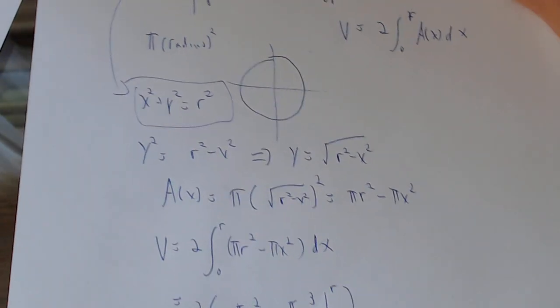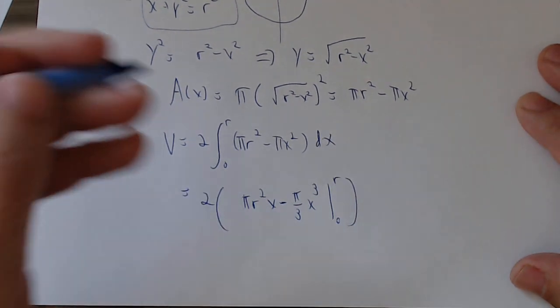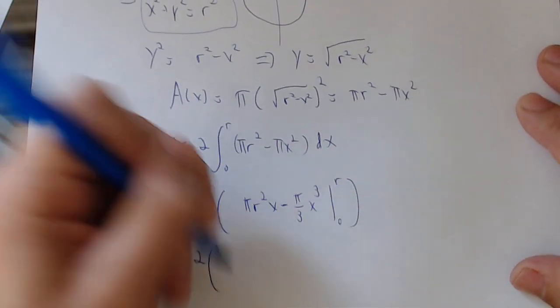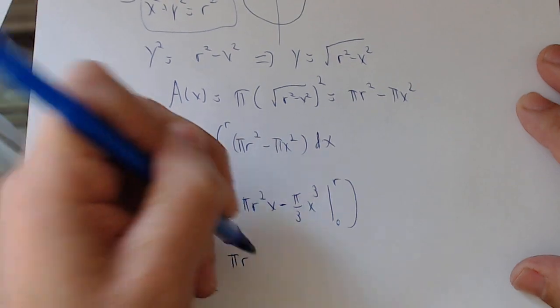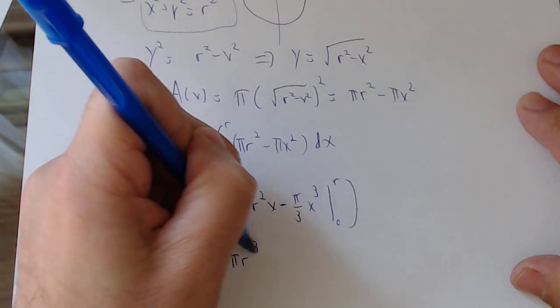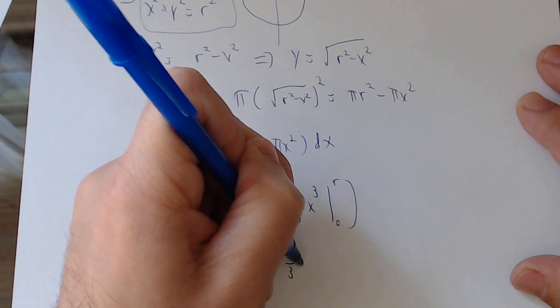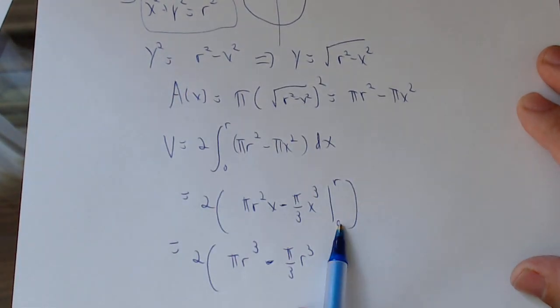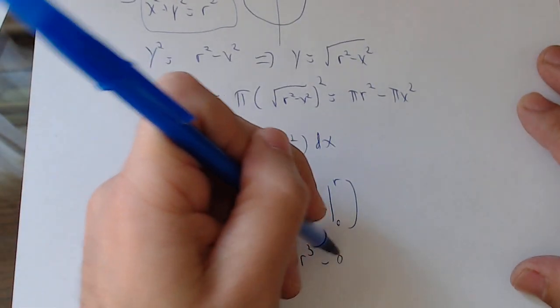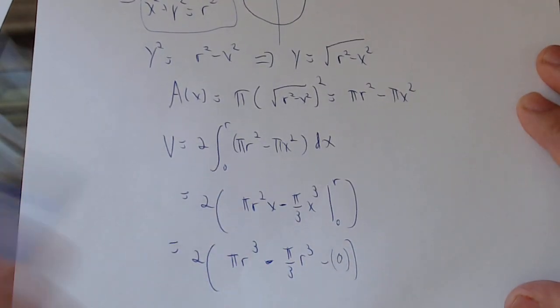Then I plug in the upper limit minus the lower limit, so this becomes 2 times pi r, if I plug in r here, I get r squared times r, which is r cubed, minus pi over 3 r cubed. And then minus, if I plug in 0, it just zeros out. That 0 just comes from plugging in 0 for x, so the rest of it zeros out.